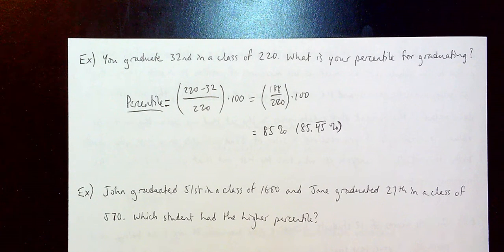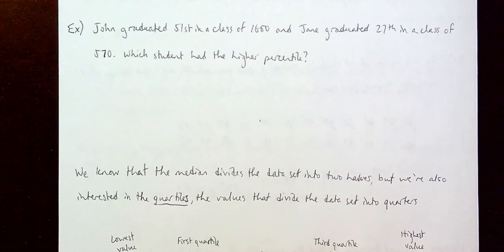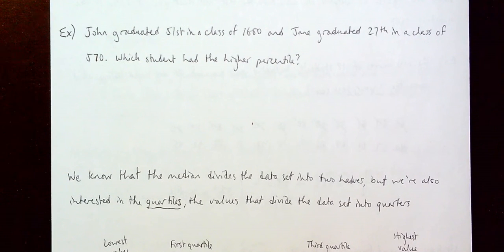And just going off of the number place in which you graduate doesn't necessarily mean that you graduated at a higher rank. And this next problem here showcases that exact case.